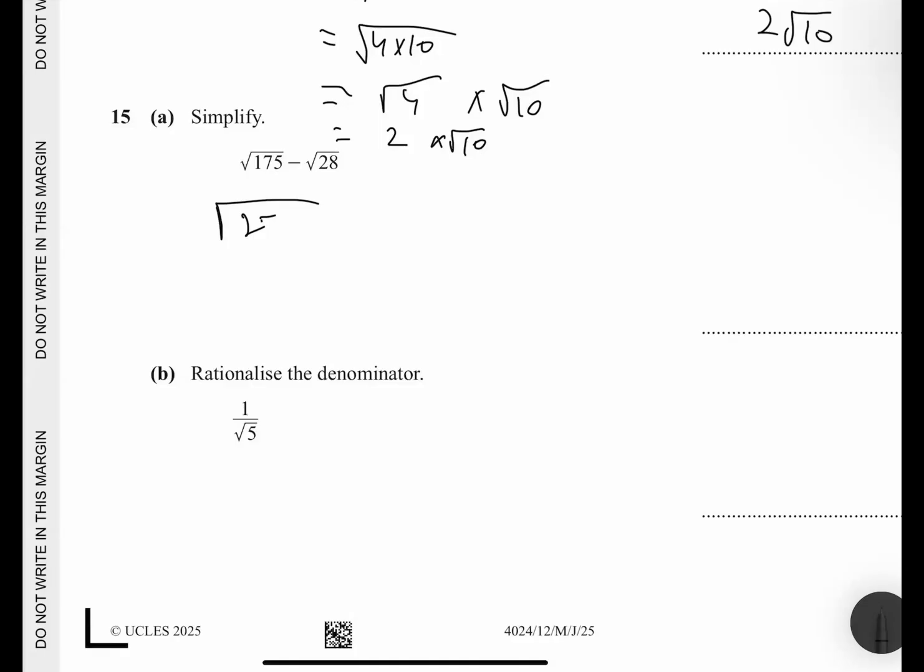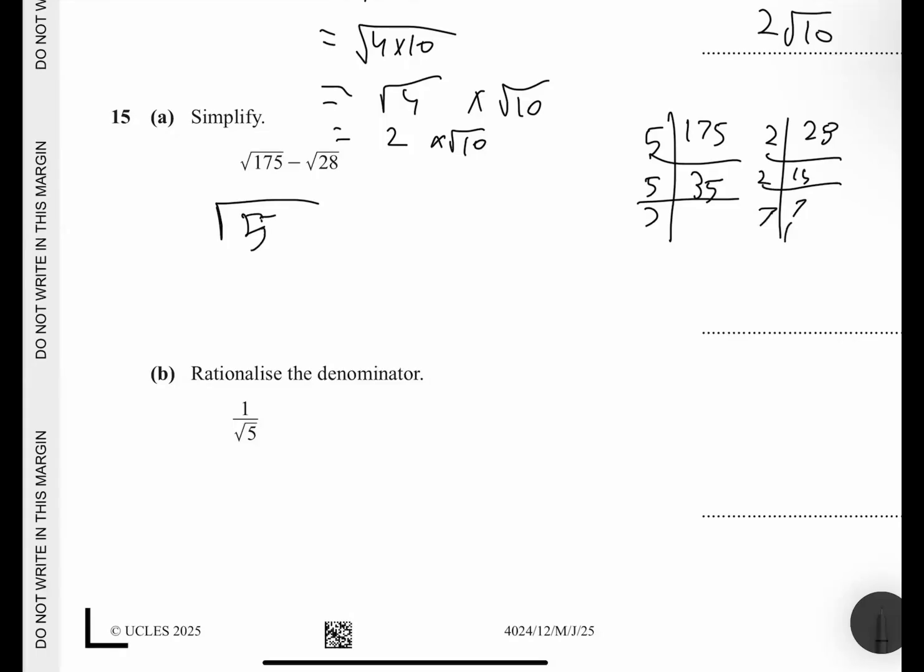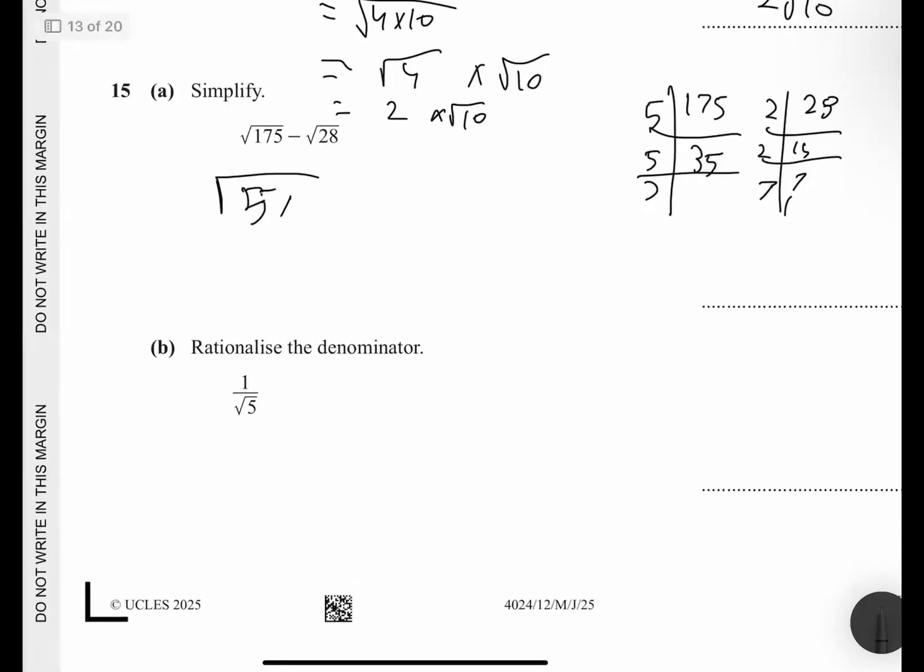What we could do is we could prime factorize them. So 5, 5, and 7. And for 28, it would be 2, 14, 2, 7, 7, 1. So 5 into 5 into 7 minus 2 into 2 into 7.